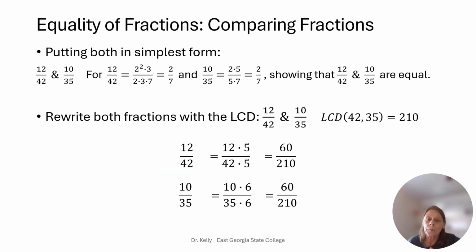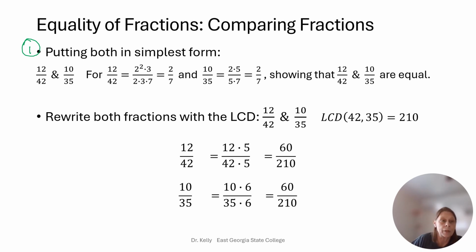All right, another big topic here is the equality of fractions, basically comparing two fractions. That's important. There's a couple of different ways we can do it. I'm going to outline 3. The first way that I'm going to talk about is putting them both in simplest form.